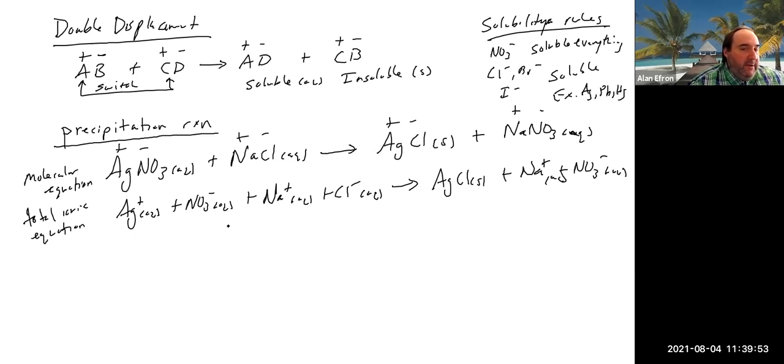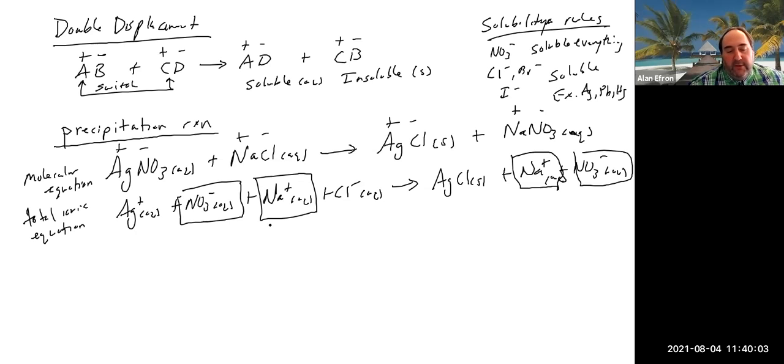And remember, in this equation, we could find ions on both sides that look exactly the same. In this case, the sodium and the nitrate look exactly the same on both sides. These are what are referred to as spectator ions. They're really just hanging out there and watching what's going on. We typically cancel those out. And that leaves us our third type of equation that we talked about, which is our net ionic equation.